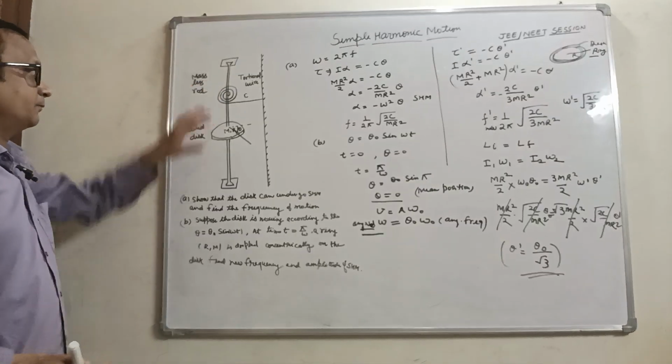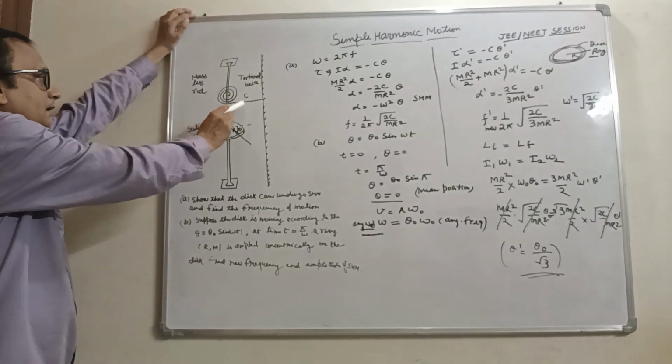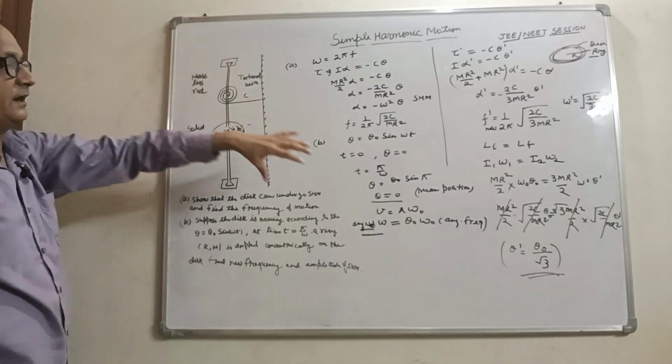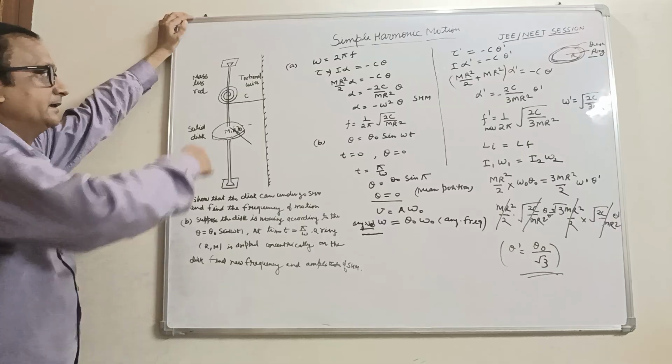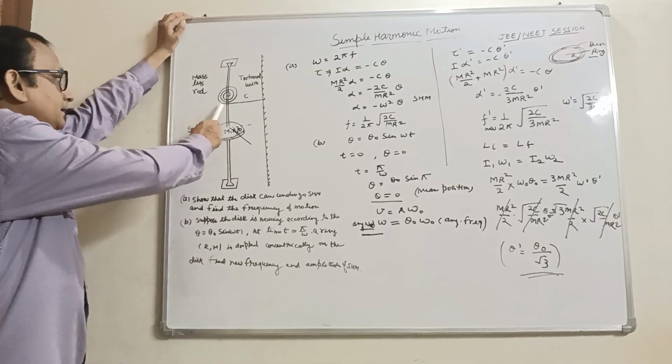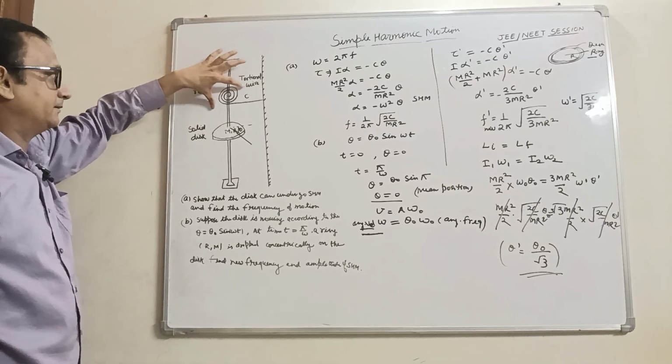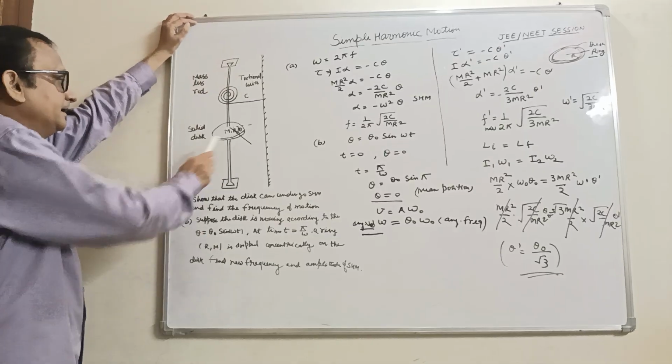So in this problem we have calculated the angular amplitude of the SHM. This is an angular SHM. The torsional constant C is given, and this is a disk.